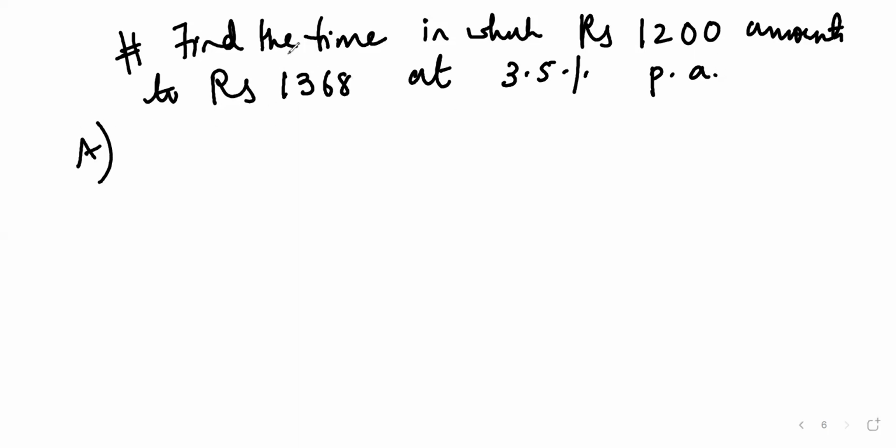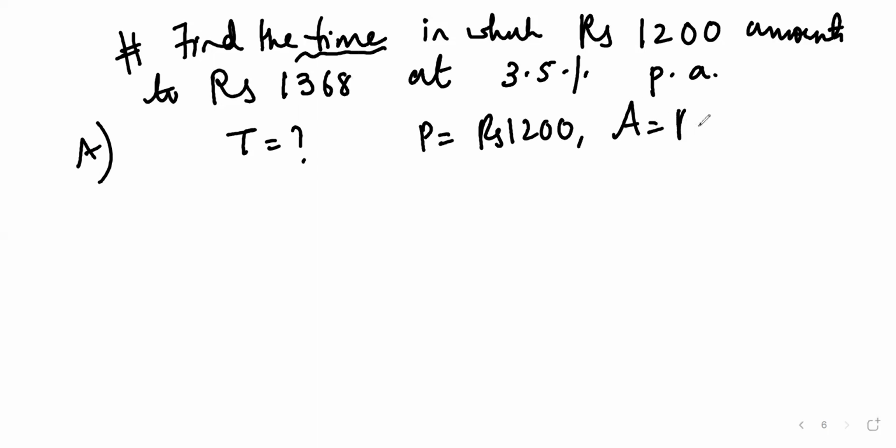So here, what is the unknown? Time. What is the principal? Rupees 1,200. What is the amount? Rupees 1,368. So what is the formula?